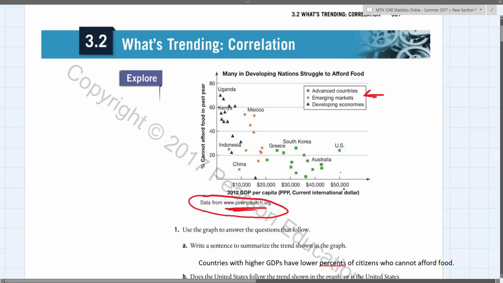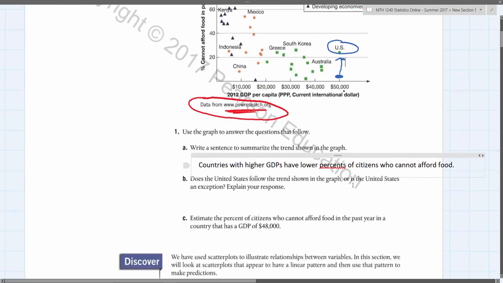So if I had the same x value as the U.S., I would expect the U.S. to be somewhere down here, to follow the trend. But notice it's above, even above Australia, or fairly in line with maybe Greece or South Korea. But notice they're way to the left. So this is maybe an exception. It seems to be too high.